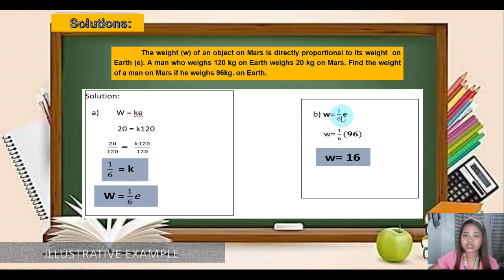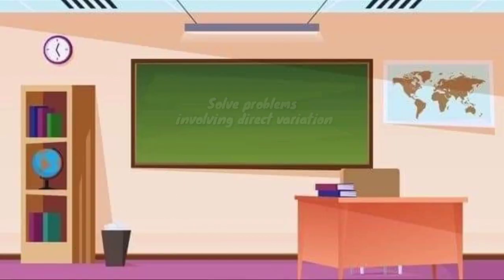Our W is equal to 1 over 6 E. All you have to do is substitute the weight on Earth of the man, which is 96 kg, and perform the indicated operation. Multiply 96 to 1 and just copy the denominator. 96 divided by 6 is equal to 16. There you have it.